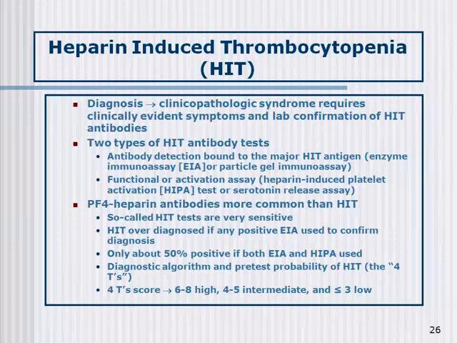But basically, it's a series of 4 questions that are asked, and then points are assigned depending on the response to those questions. And the highest score that you can have is 8. 0 obviously is the lowest, but patients who score 6 to 8 have a high probability of the immune-mediated HIT, 4 to 5 intermediate, and 3 or less are low in terms of their risk.